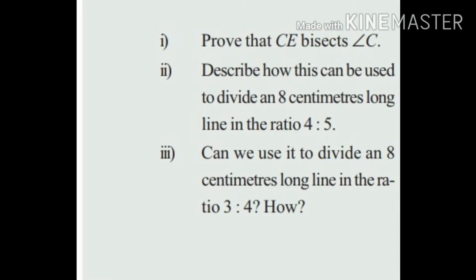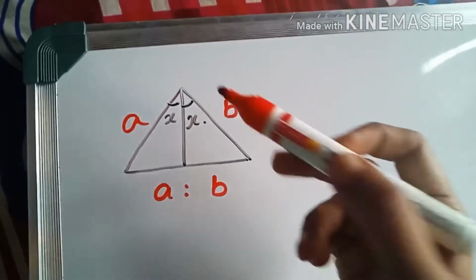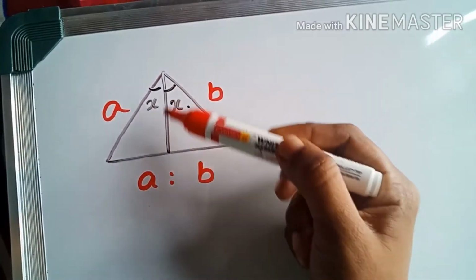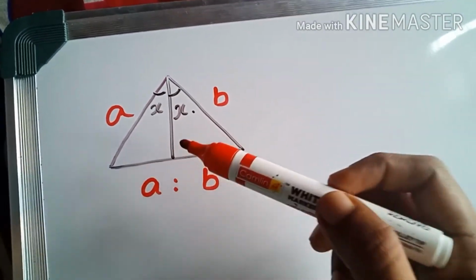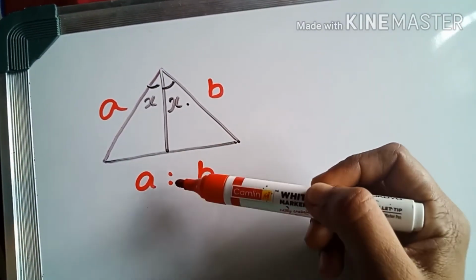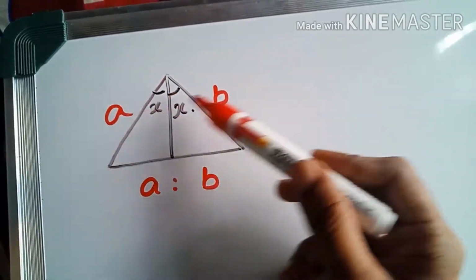The second sub question is, describe how this can be used to divide an 8 cm long line in the ratio 4:5. We need to divide an 8 cm line using this step. So let's check how. In the previous section we have learned that the bisector of an angle will divide the base in the same ratio as the sides of the angle.